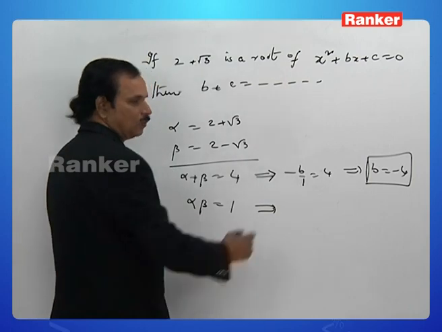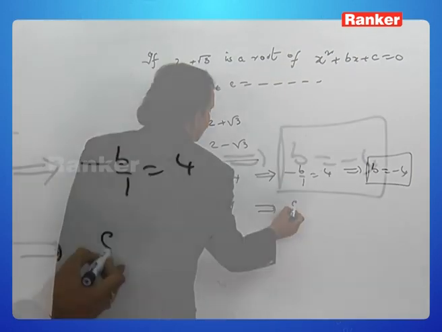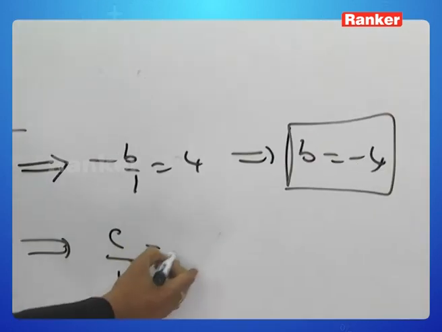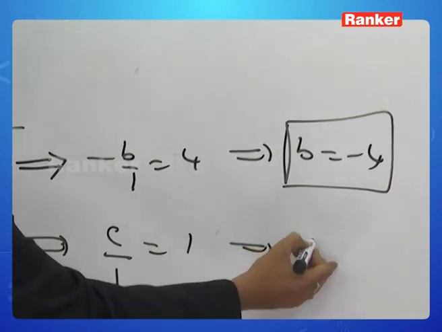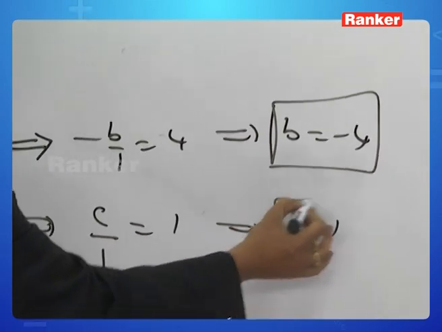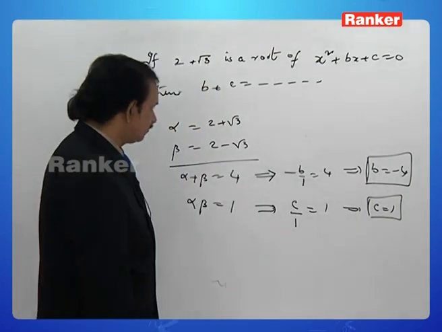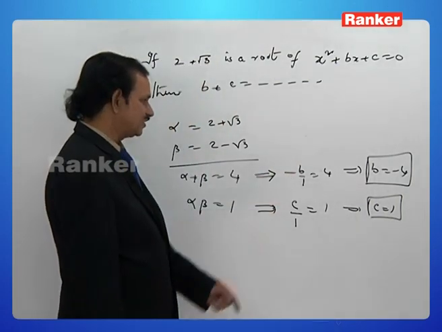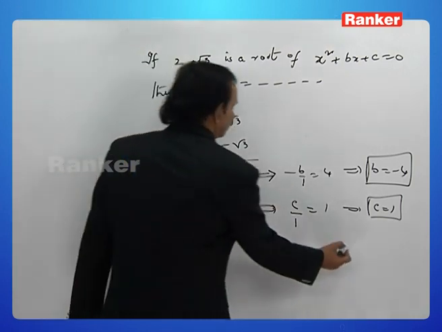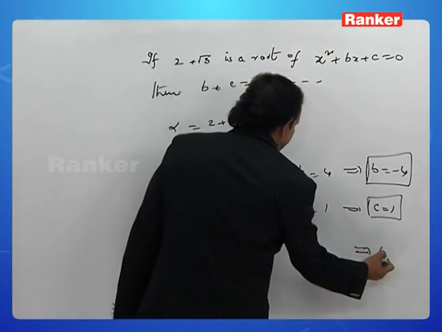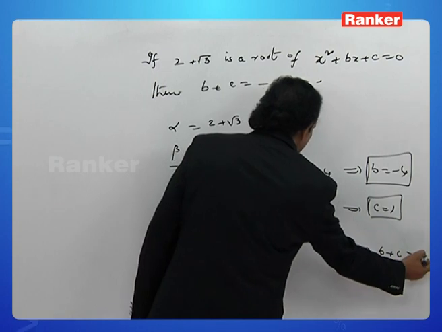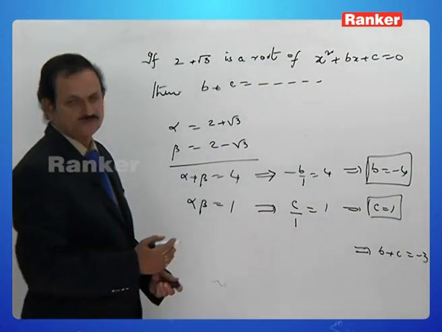Product of the roots. What is the product of the roots here? c by a, that is c by 1 is equal to 1. Therefore, c is equal to 1. We are happy?